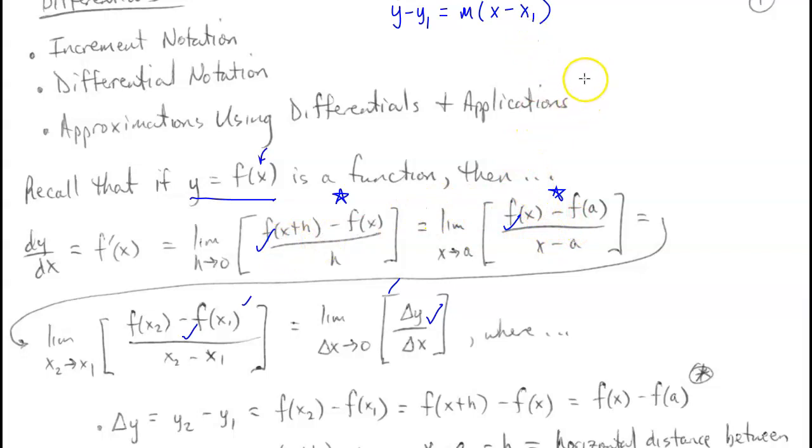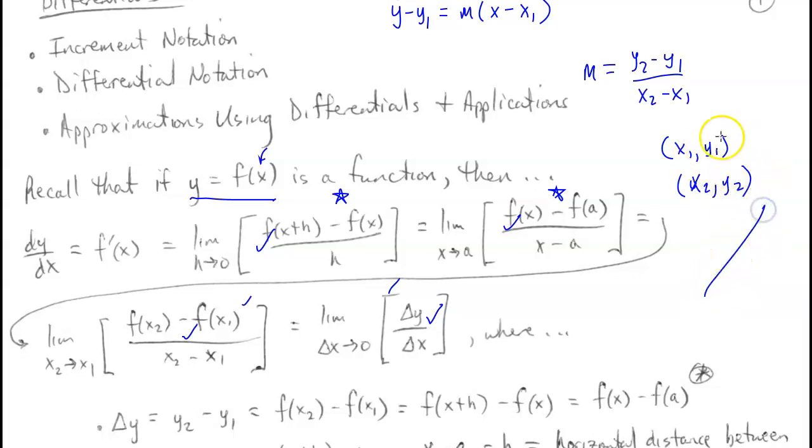But all 4 of these are the same thing. If you remember, the slope of a line is basically y2 minus y1 over x2 minus x1, where these x and y values refer to points, x1, y1, and x2, y2 that are on a line. So we name this point A, name this point B, and we have this here.